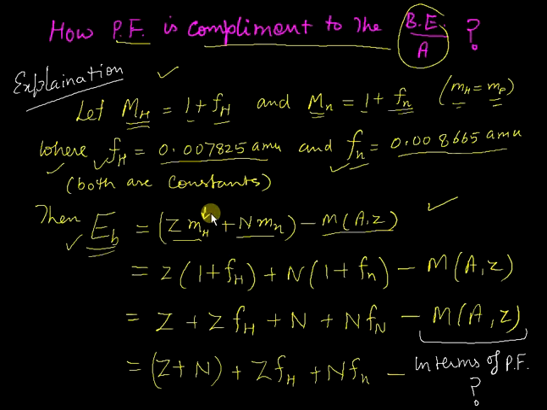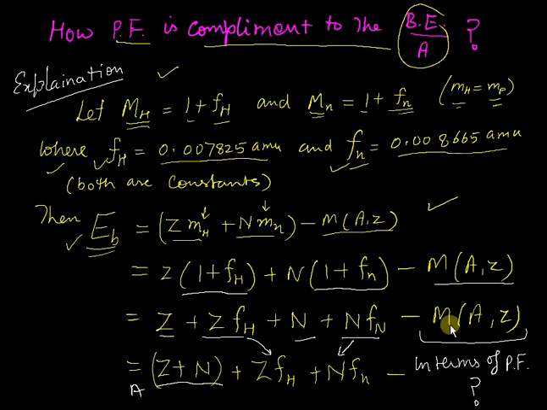Here we had already defined M_H and M_n. M_H is equal to 1 plus F_H, and M_n is equal to 1 plus F_n. M(A,Z) stays as it is. Now simplify it: Z plus Z F_H plus N plus N F_n minus the atomic mass of the nucleus as it is. Now I am keeping Z plus N together, that is A, plus Z F_H and N F_n.